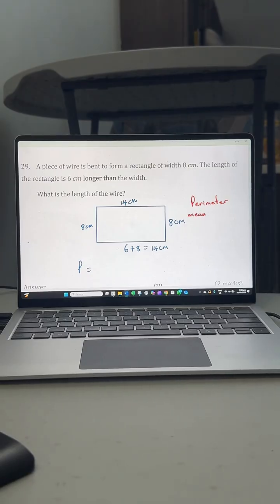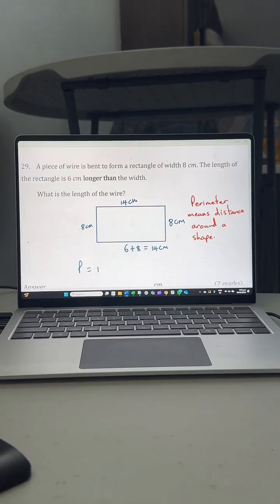Okay, let's work. So it would be 14 plus 14 plus 8 plus 8, right?